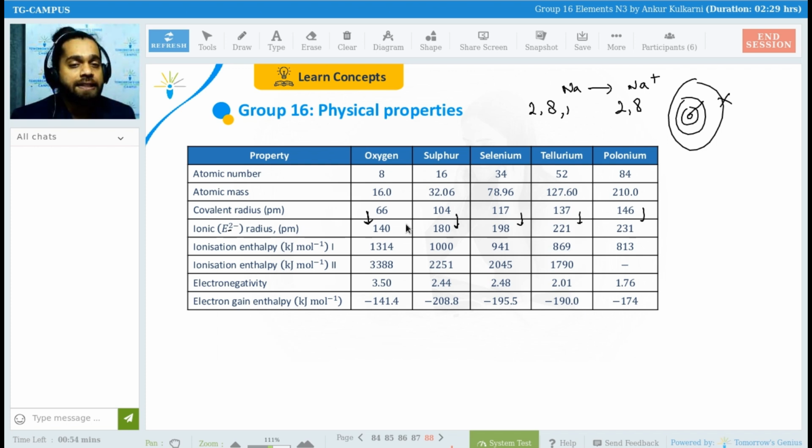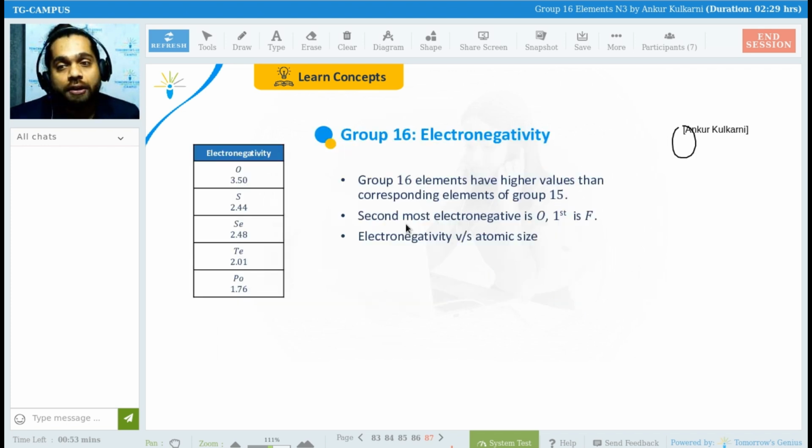Now ionization enthalpy. Ionization enthalpy means energy; ionization means to remove an electron. As you go down the group, the size increases. If the size increases, is it easy to remove the last electron, or is it difficult? Correct, it is easy, because positive and negative are going far from each other.